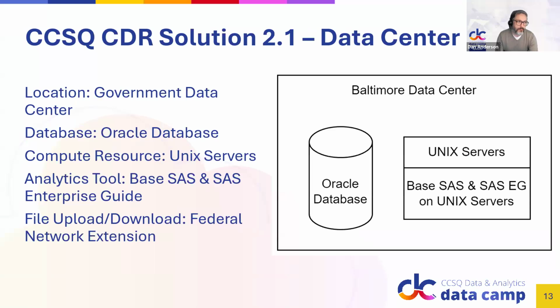Well, before my time, I hear stories of the Baltimore data center. So it used to be that there was a government data center, and it hosted an Oracle database, and everybody ran base SAS or SAS Enterprise Guide on Unix servers.